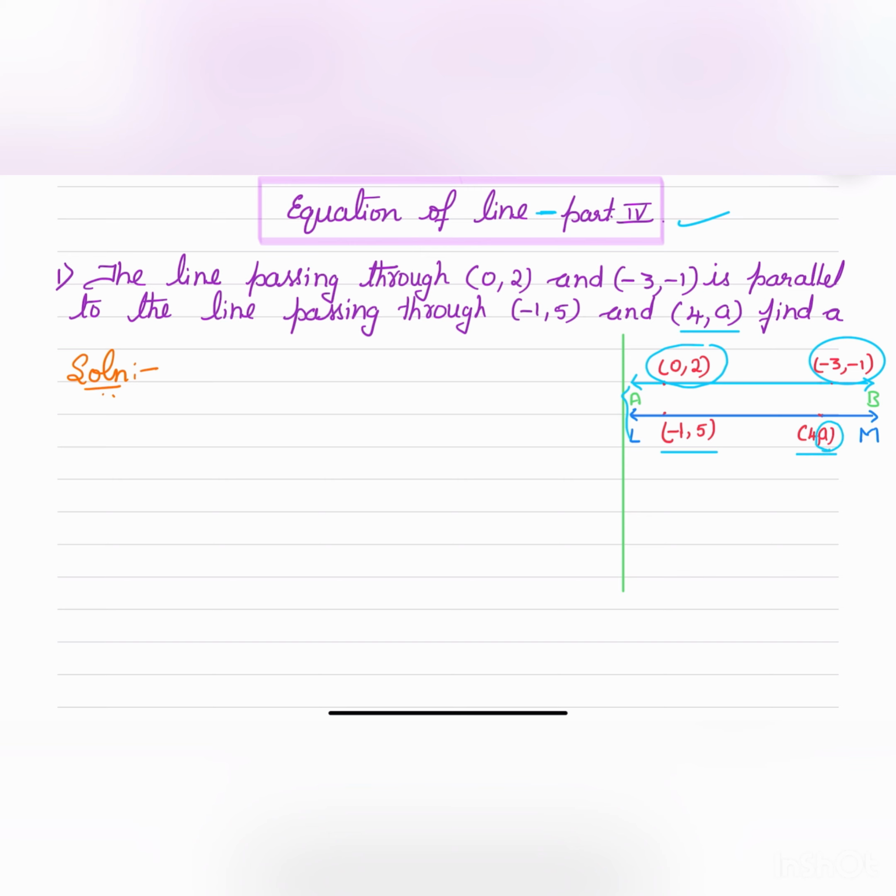If the lines are parallel to each other, we know that the slope of AB is equal to the slope of LM. Let us take this as m1 equal to m2. When we take the slope of AB, this is x1, y1 and this is x2, y2.